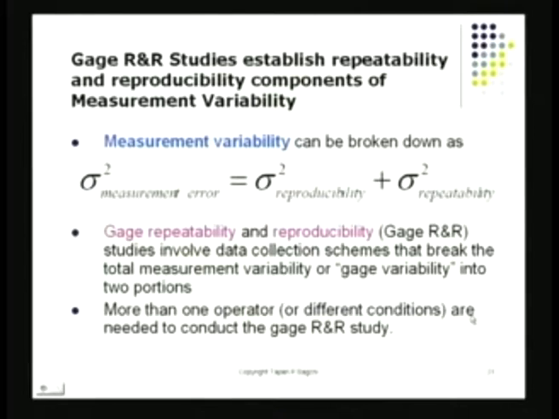This is another way to state the Pythagoras theorem that I mentioned earlier: the total measurement error is contributed partly by the variance due to reproducibility and partly by the variance due to repeatability. So reproducibility is traceable to people, the operators, and repeatability is traceable to gauges.